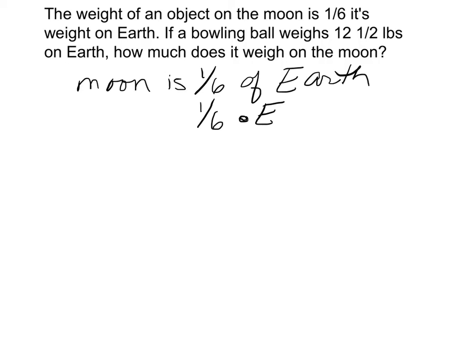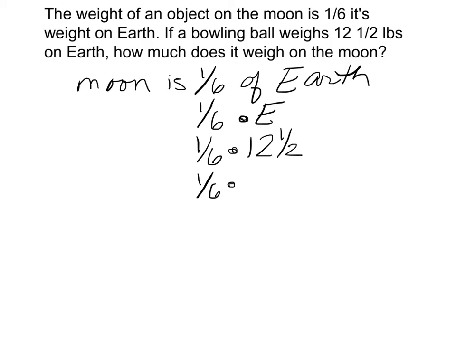And in this case, we know that the bowling ball weighs 12.5 pounds on Earth. So we know that we're looking for 1/6 times that Earth weight of 12.5 pounds. So that's the expression we're going to use to find our answer. So let's go ahead and evaluate that expression.